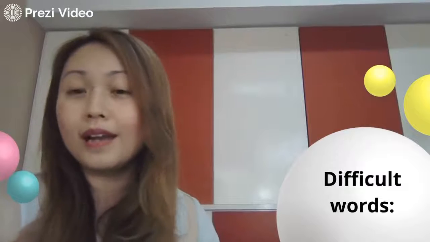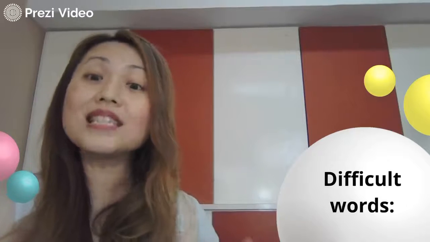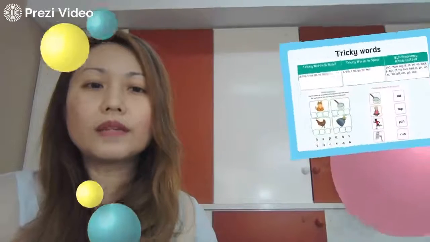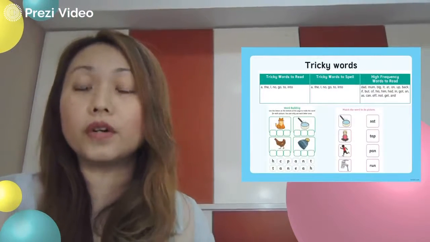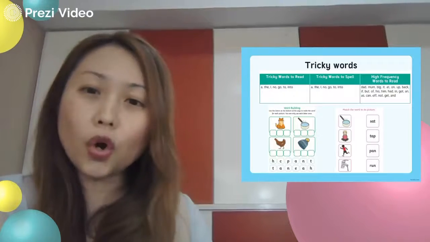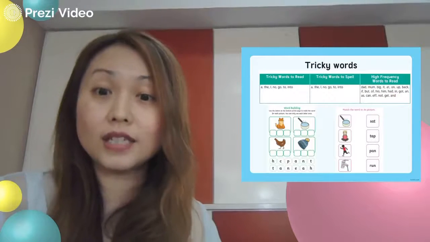After you've gone through these initial sounds with your students, it's time at this stage to introduce some difficult words, and also do revision so you can build on the grapheme and phoneme knowledge so they can practice, and they're taught to read VC and CVC words at this point.